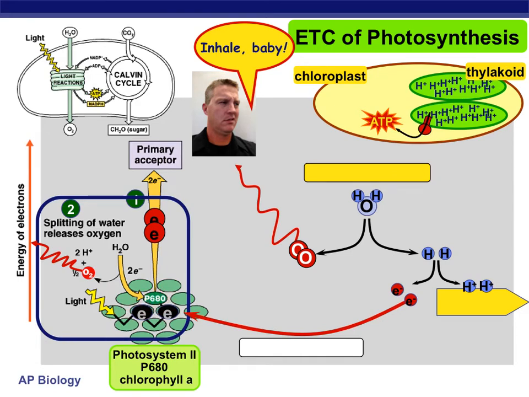And what happens is that a water is going to be split by an enzyme. It's going to be split, and therefore it's going to replace those electrons that can then be excited later. But the oxygen here, if we move it over here, the oxygen is actually going to be diffused out of the cell so that we can breathe it in.